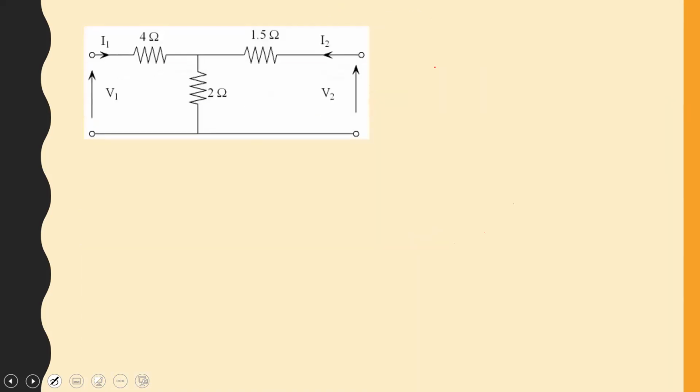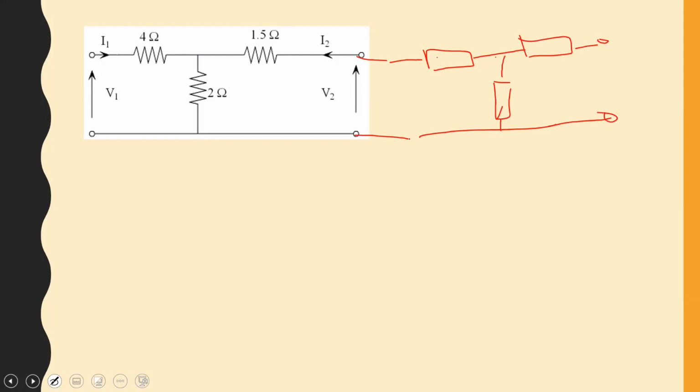What I want to do is to find the transmission parameters, because if I then put the other 1.5 here, and then we had 2, and then the 4 ohm. You agree with me that if I were to connect these, I'll get back the original circuit, because adding these two, we'll get our 3 ohm.